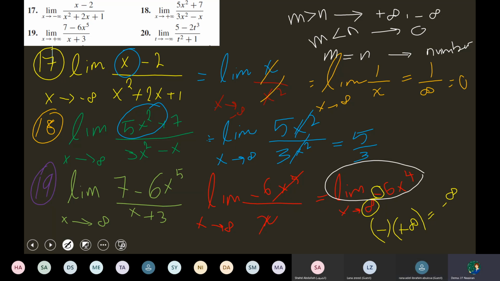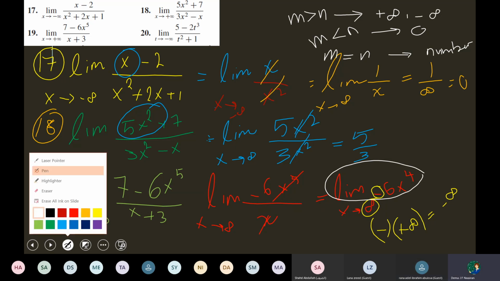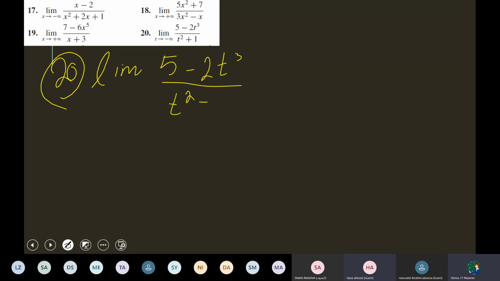Yes. Okay, now let's end with number 20. Who wants to help me solve it? Can I help you, teacher? Yes. Limit 5 minus 2t cubed over t squared plus 1 when t approaches negative infinity now.